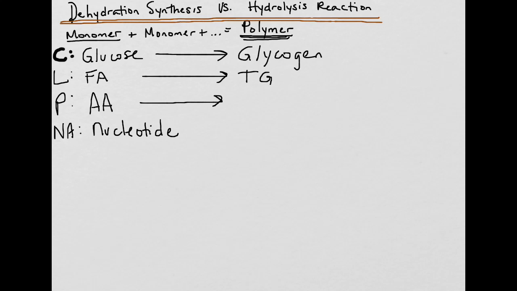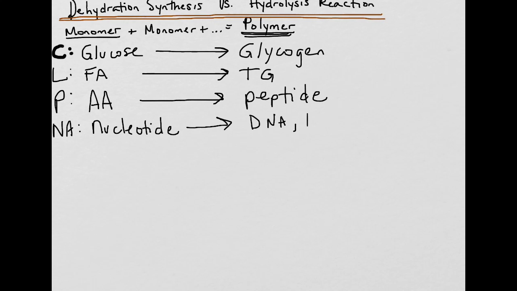If you put a bunch of amino acids together, you're going to get a peptide. And nucleic acids, if you hook a bunch of nucleotides together, you're going to get a nucleic acid. So DNA, deoxyribonucleic acid, or RNA, ribonucleic acid.